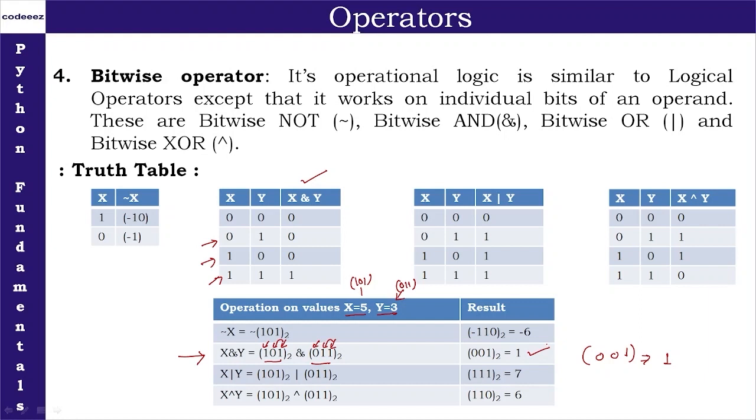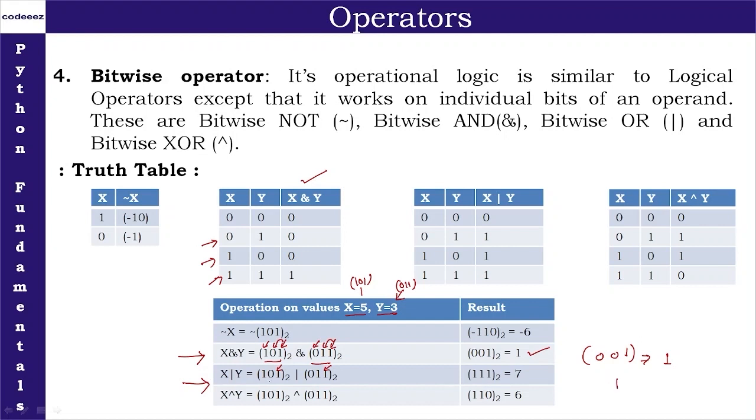Now coming to the next, bitwise OR. What is the working of OR? Again the same example, the value of X is 5 and Y is 3, and we apply the OR operator. Again the individual bits of the numbers will be taken from the right hand side. 1 or 1, the answer is 1.